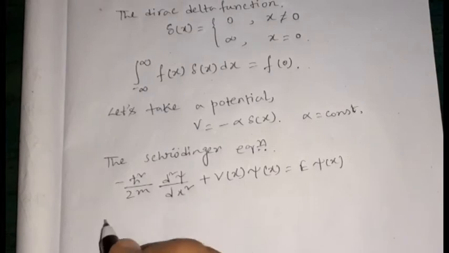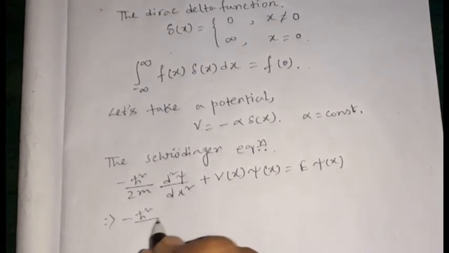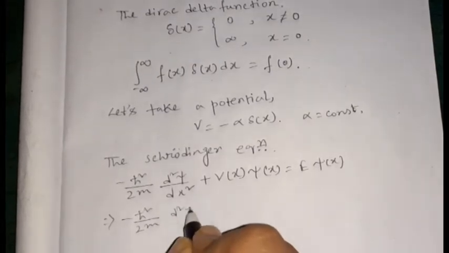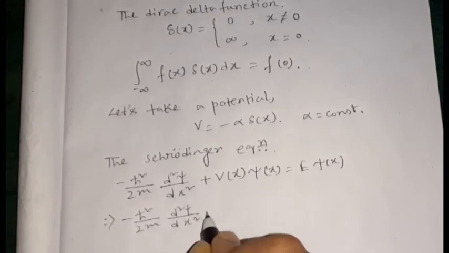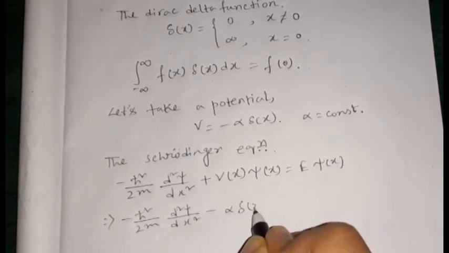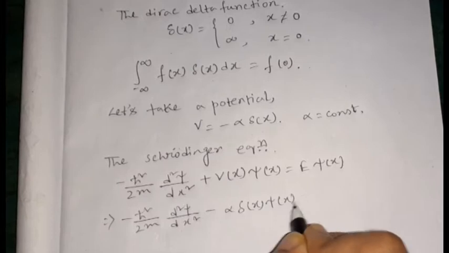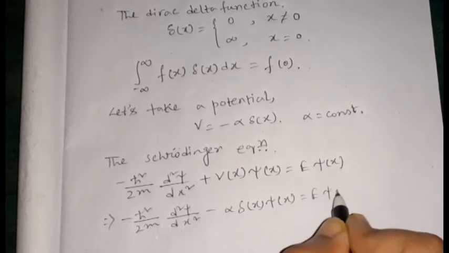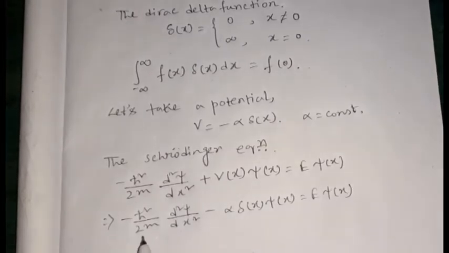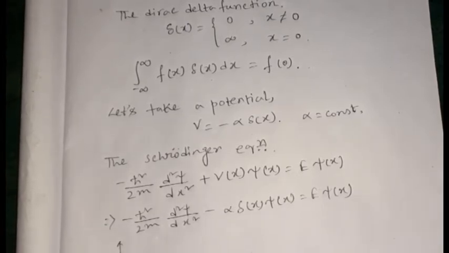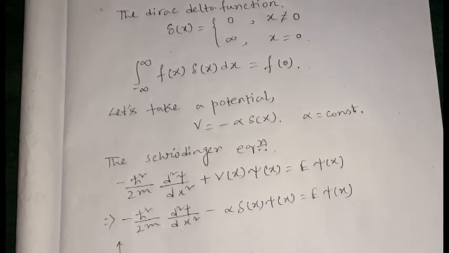Now by putting the potential, minus alpha δ(x) ψ(x) equals E ψ(x), now we have to solve this equation. Okay, so first the Dirac delta function looks like this, if we're plotting a graph.